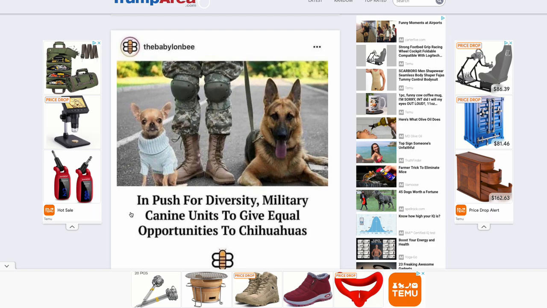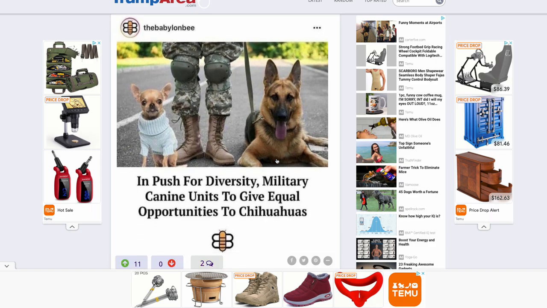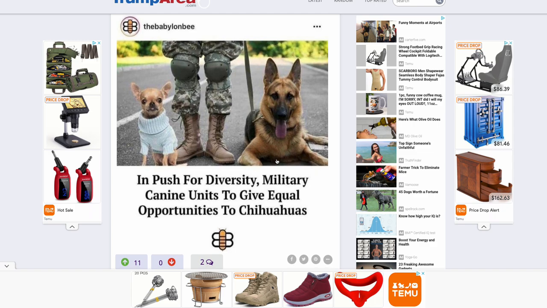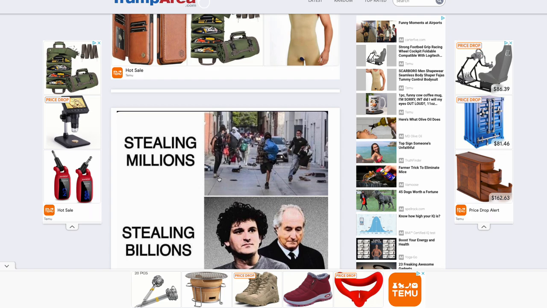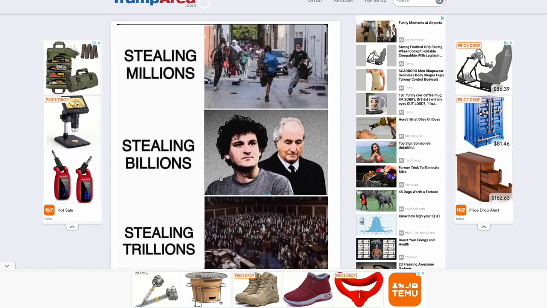But all they did was sit on her lap, bark like crazy. You know, Chihuahuas, they love to bark. I don't know what they're barking at, what goes through their mind, but it cracks me up. But look at this cute German Shepherd with its tongue hanging out. So cute. But this is what I wanted to show you. This killed me. Not this outfit. This. Look at this meme.